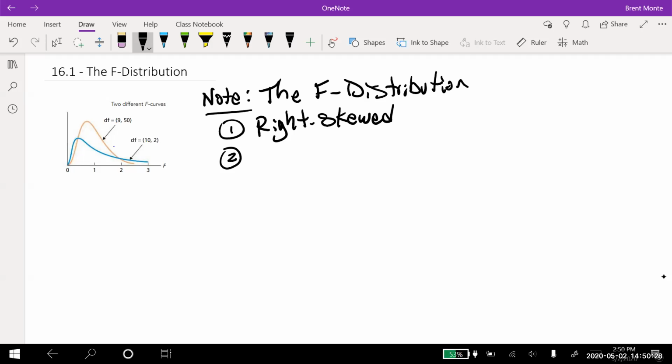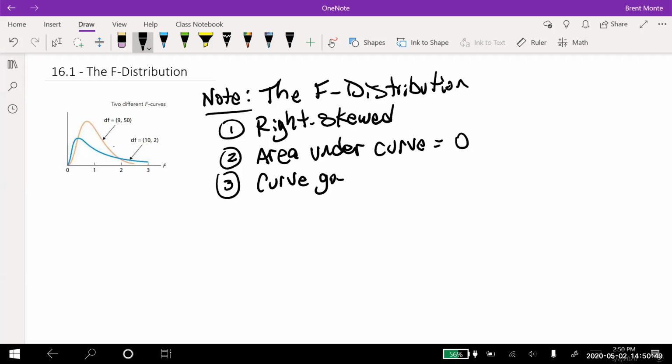We do know that the area under the curve has to be 0. And lastly, the curve goes forever to the right, approaching but never reaching the x-axis.